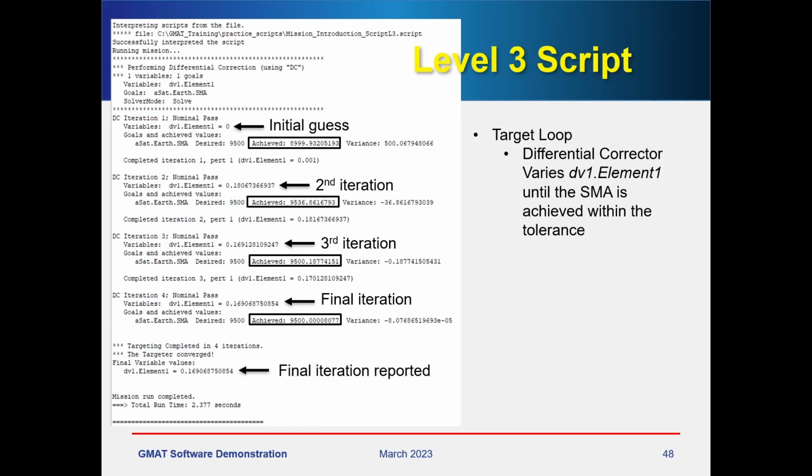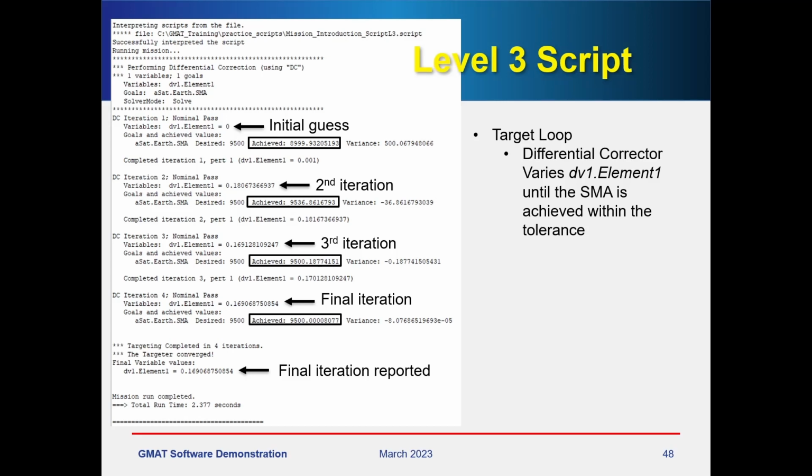Now let's take a look at the message window. The first bolded arrow shows what happened when we provided an initial guess of 0. GMAT ran the targeting loop and found that the SMA after the 0 kilometer per second maneuver is 8,999.9 kilometers. On the next iteration, the differential corrector calculates a positive value for dv1 element 1 equal to 0.18 kilometers per second, and then calculates an SMA of 9,536 kilometers after the maneuver.